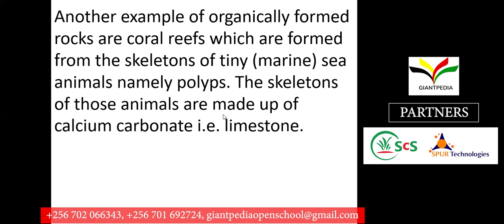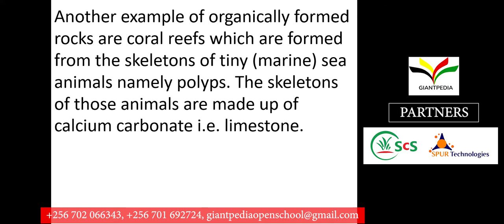Then now with these marine organisms, another example of organically formed rocks are coral reefs, or generally coral rocks. Okay, the coral reefs are rock platforms. When we say coral rocks, they are the ones which make up the coral reefs.